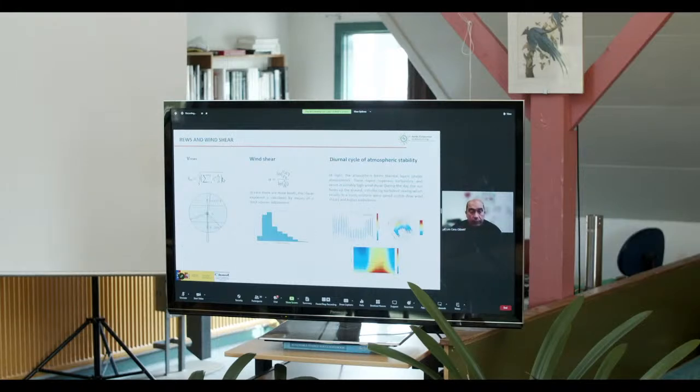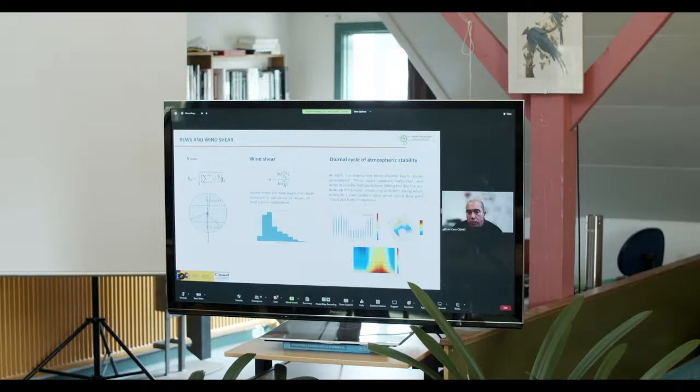Later, we have obtained the equivalent rotor wind speed, taking into account the three measures that you can see: the hub height, the height plus 2/3 of the radius, and the height minus 2/3 of the radius.